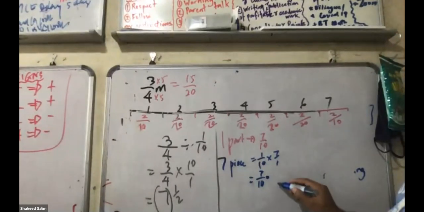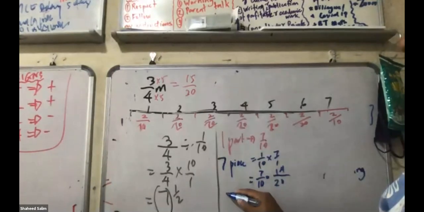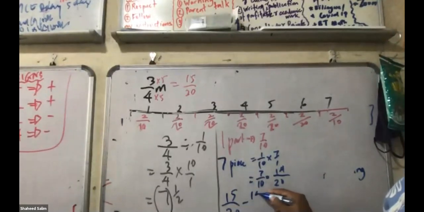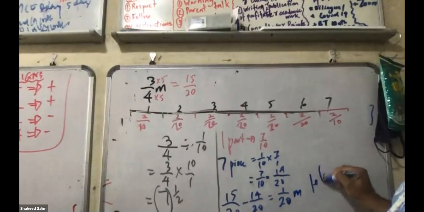This is the same as how many over 20? 14/20. You times 2, times 2. At first, you got a total of 15/20. Now you got 14/20 used. You minus lah. You get 1/20 meters left. Remainder.